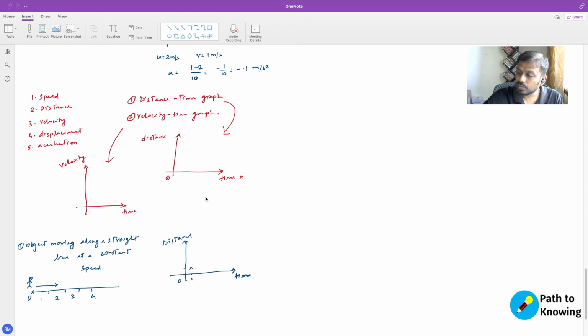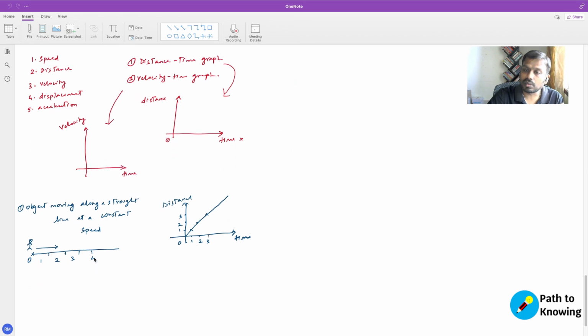At time 2, it should cover 2 meters, which is here, right? And at time 3, it should cover 3 meters, which is this. So if you really plot such a graph, it would be a straight line. So for an object that is moving along a straight line at a constant speed, the distance time graph would be a straight line when you plot it.